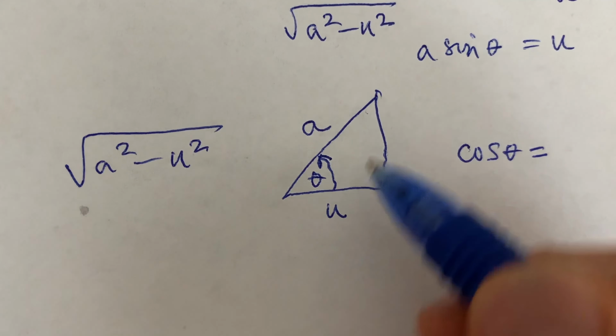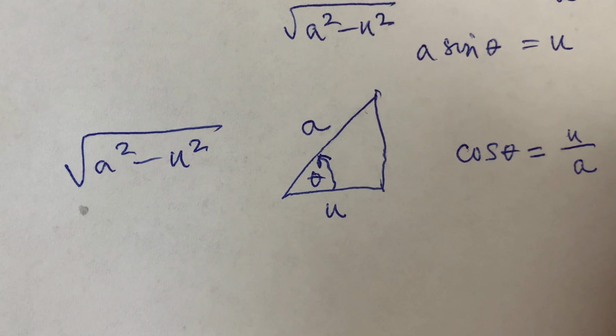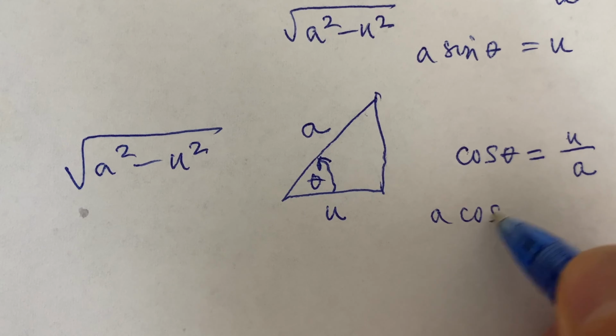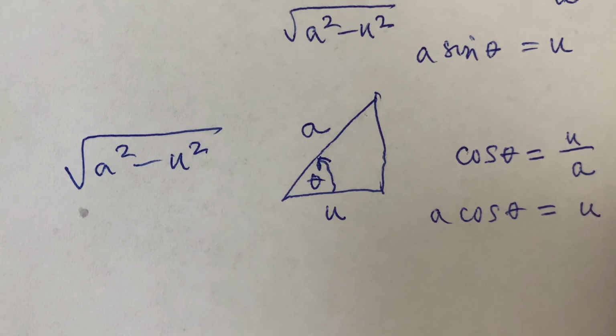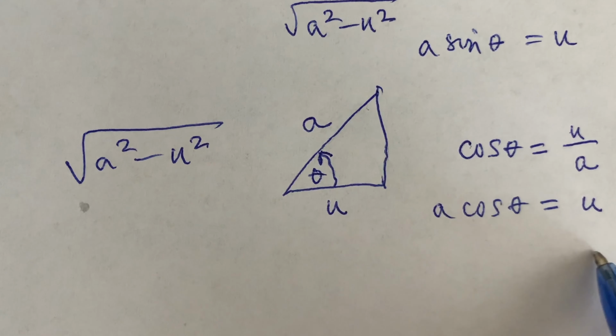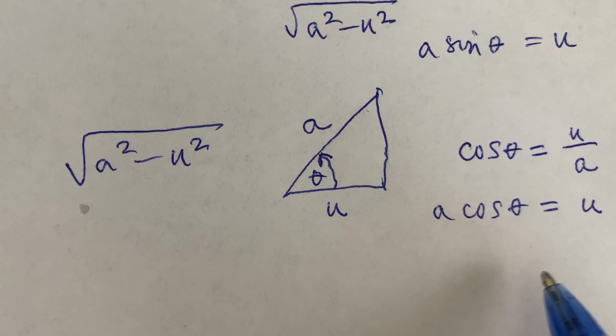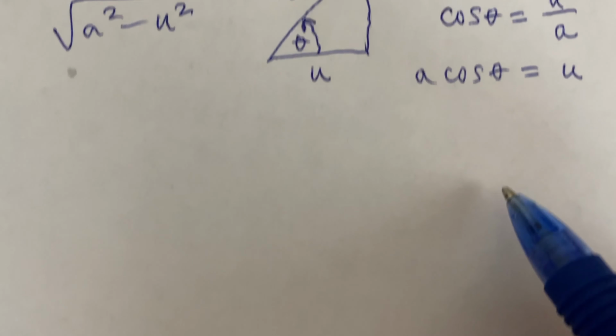Cosine is adjacent over hypotenuse, so this is going to be u over a, and will give us a cosine theta is equal to u. Now the problem is, we want to remove the radical sign. And so let me show you how to do that, but first, let's look at the other forms.